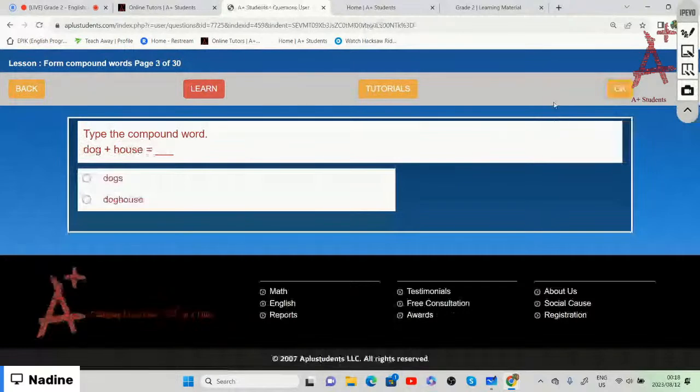So dog plus house. Is it dogs or is it dog house? We need to find our compound word by putting these two words together, and then we will say it is dog house.